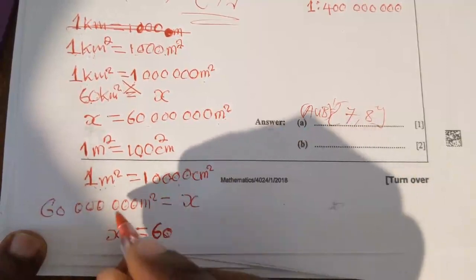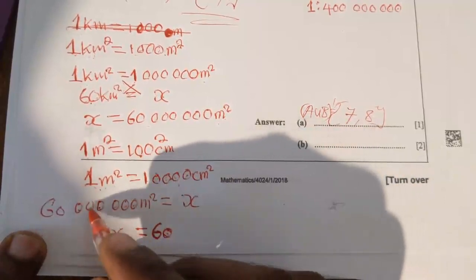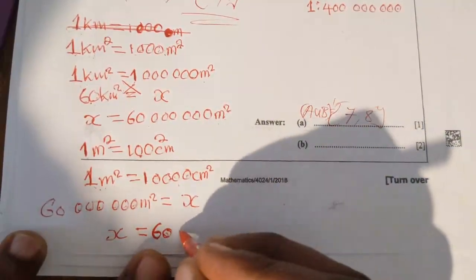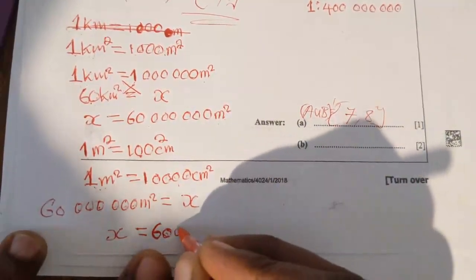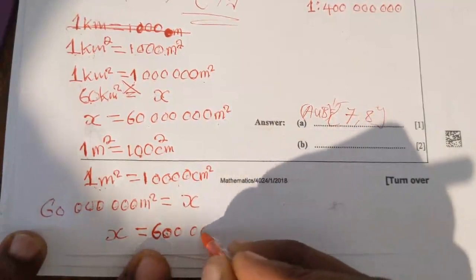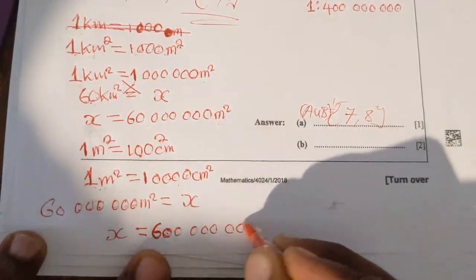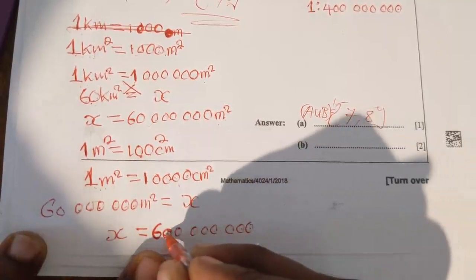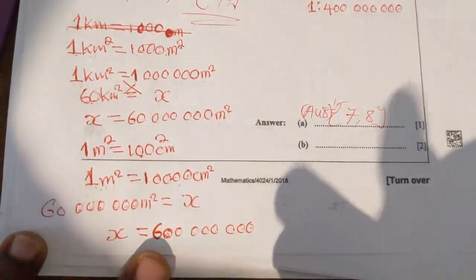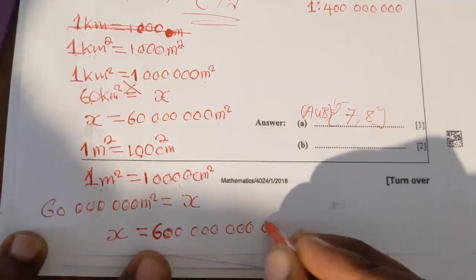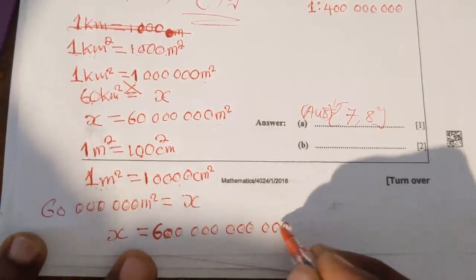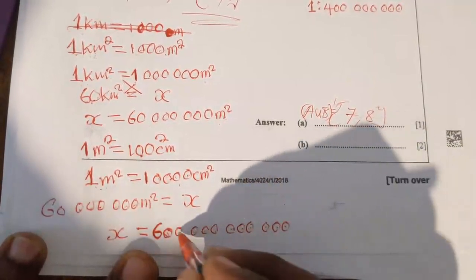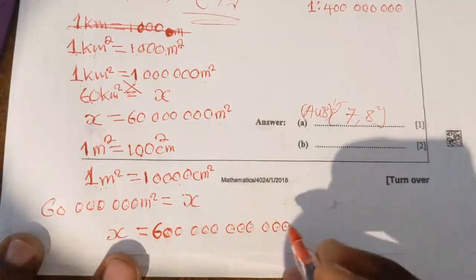So we are going to put how many? 1 2 3 4 5 6 7 8 9 10 11. So we have 3 zeros, then 1 2 3 4 5 6 7 8 9, then 10 11.